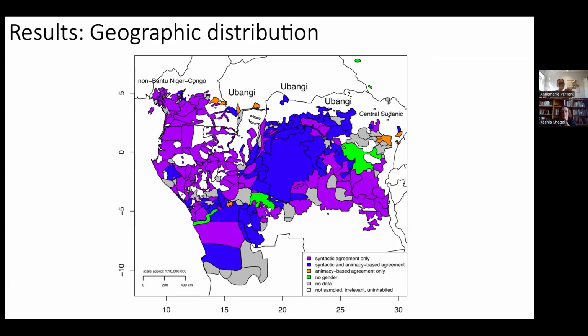We should remark here that these languages don't tend to have Bantu-like gender systems. So Ubangi is Niger-Congo, but it has very different gender systems. The Central Sudanic is the same thing, right? The Central Sudanic is not Niger-Congo, but some of these languages have sex-based, so masculine, feminine, or masculine, feminine, neuter systems, but they don't have anything that resembles Bantu systems.